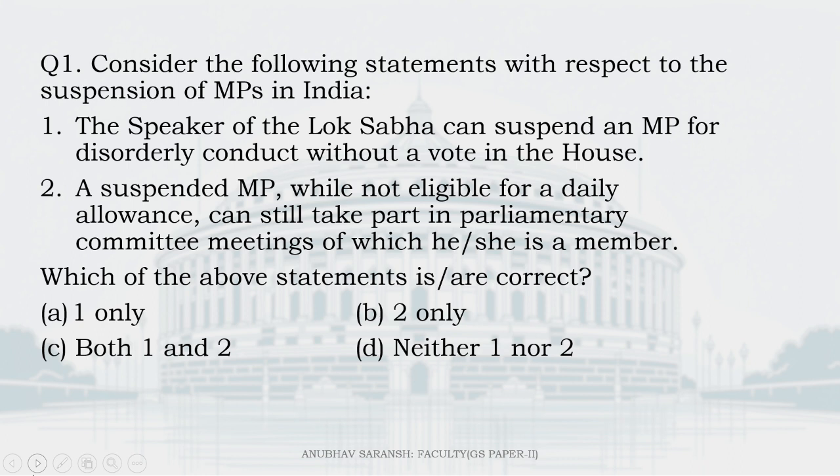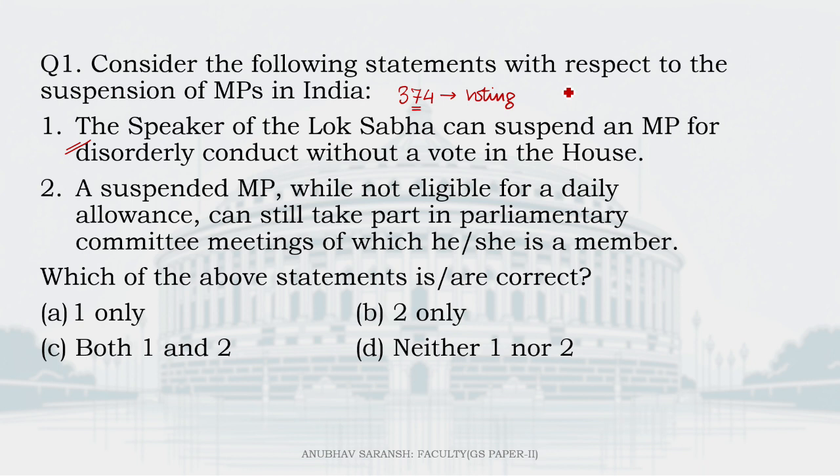So first one, the Speaker of the Lok Sabha can suspend an MP for disorderly conduct without a vote in the House. Now see, there is one rule, 374, under Lok Sabha rules which says that you can suspend an MP for disorderly conduct, but it requires voting in the House.